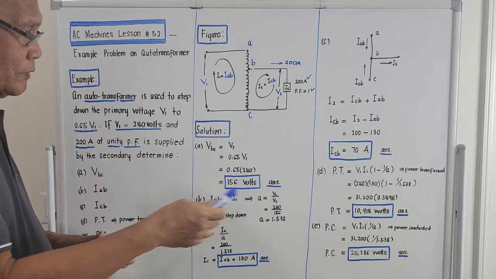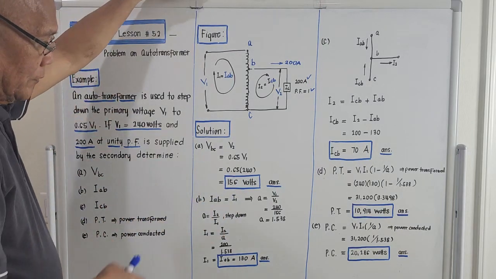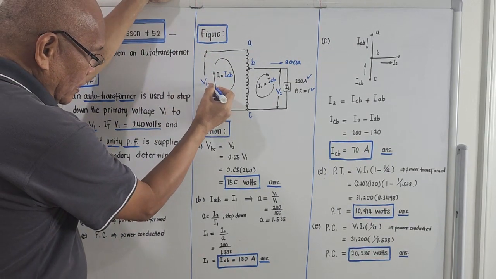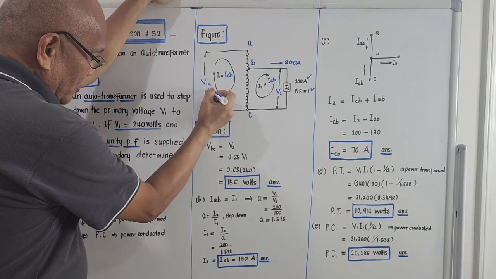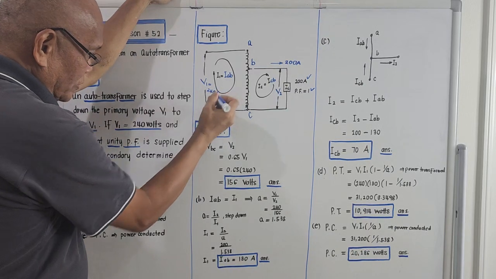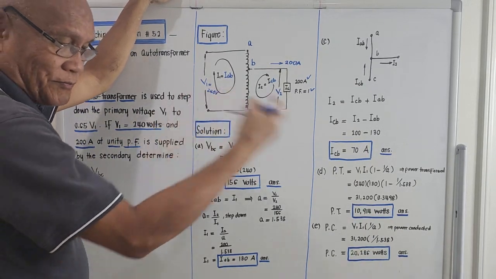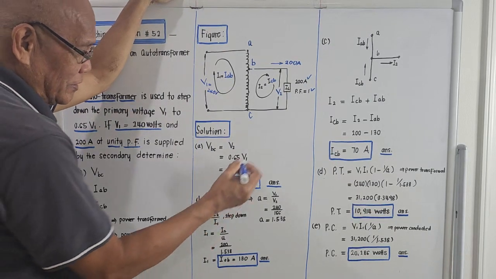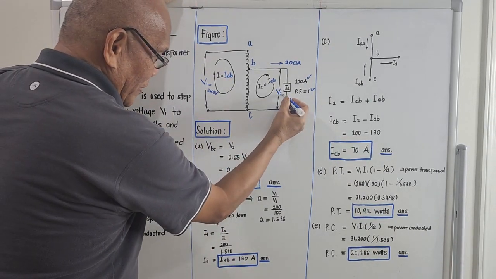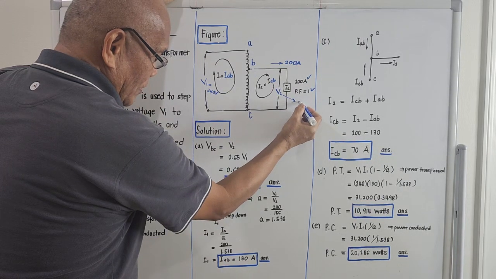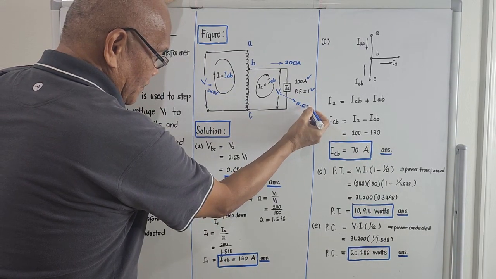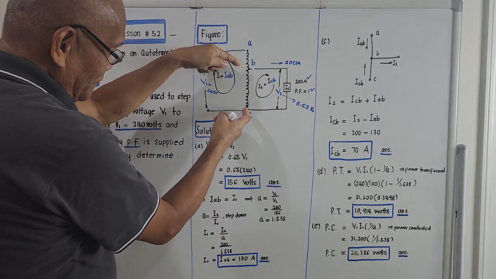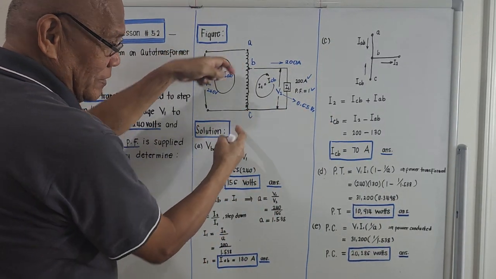According to the given condition of the problem, the input voltage V sub 1, which is equal to 240 volts, will be stepped down, transforming V sub 1 to a value of 0.65 V sub 1, so the secondary is 65%.